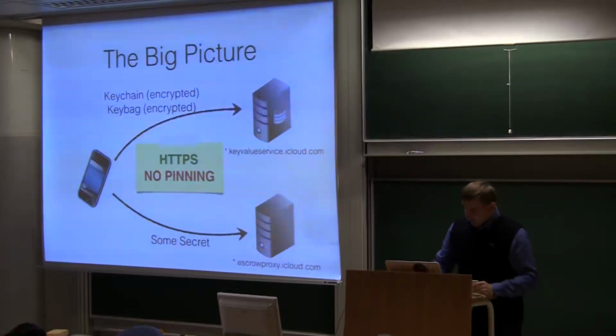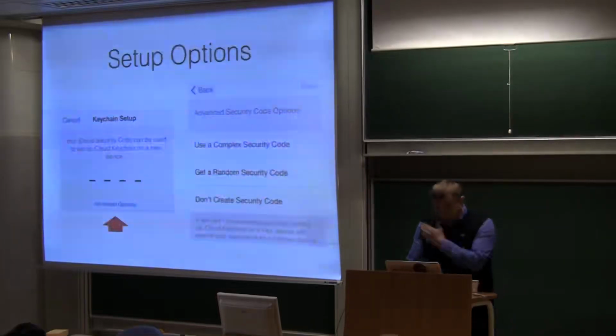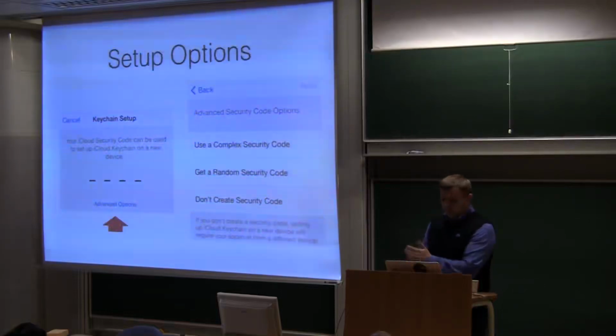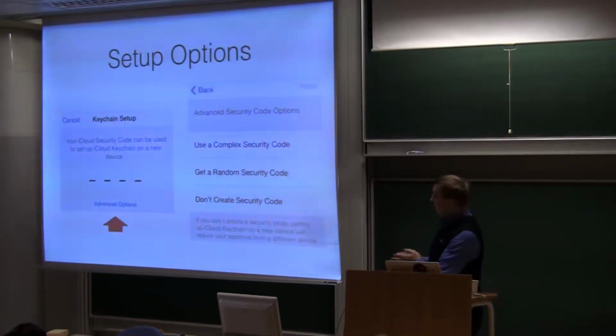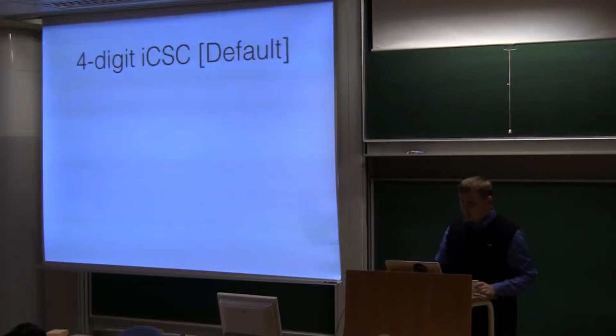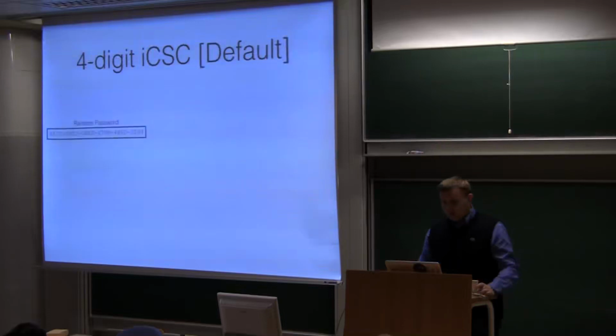Now let's try to figure out in more detail what exactly happens, because this is obviously not detailed enough. We want to know more. When you set up iCloud Keychain, you actually have a number of options. The default is a simple iCloud security code, 4 digits. Let's see how it works. What happens when you enable this? First of all, a random password is generated on the device.